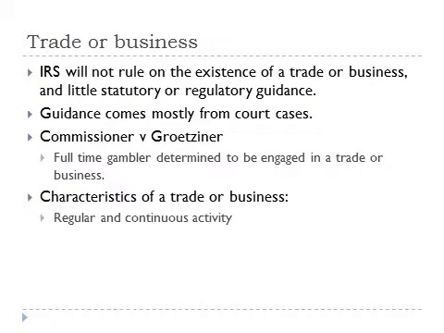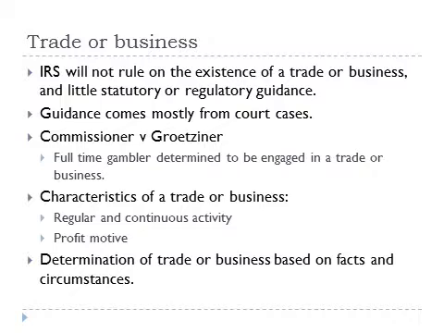First, the taxpayer must be involved in the activity with continuity and regularity. Second, the taxpayer's primary purpose for engaging in the activity must be for income or profit. Finally, whether a taxpayer is engaged in a trade or business is based on facts and circumstances.